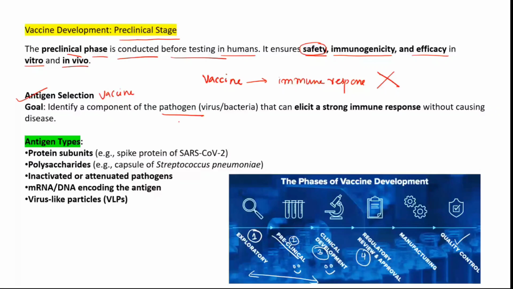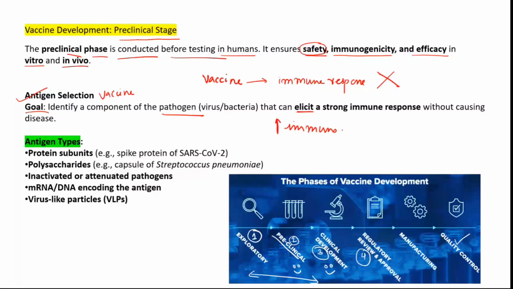Elicit means which can trigger a strong immune response. Anything capable of generating an immune response is chosen first, right? And if it is not able to provide a strong immune response, then we have to choose a pathogen which is capable of generating one. So the first goal is to choose an antigen, and we always choose an antigen that has very high immunogenicity.